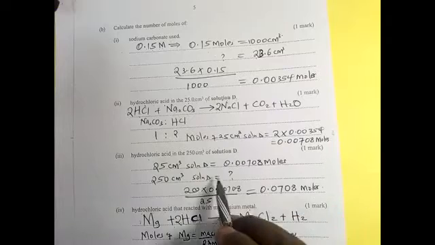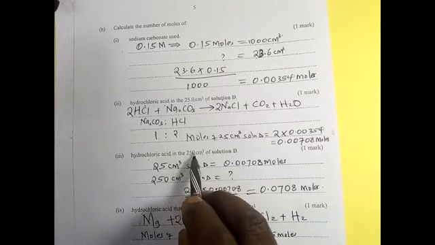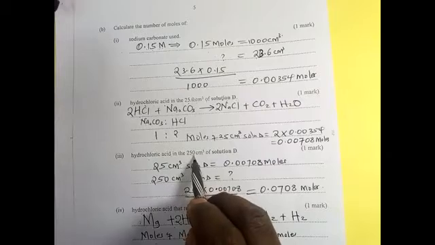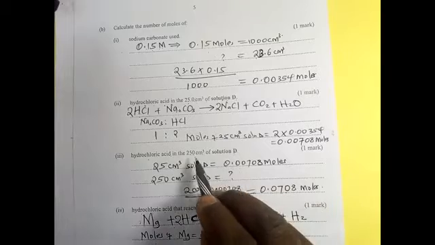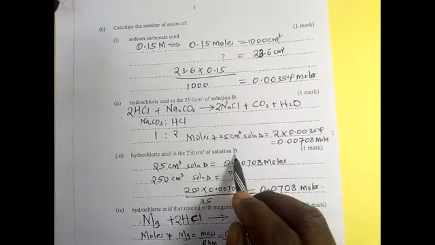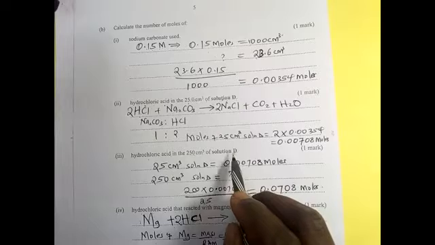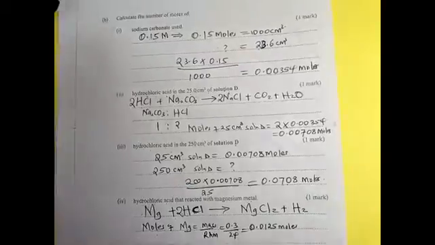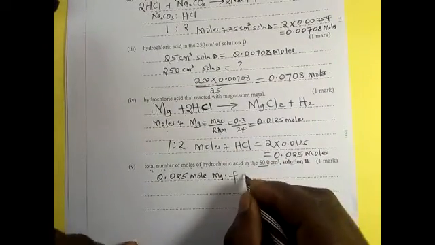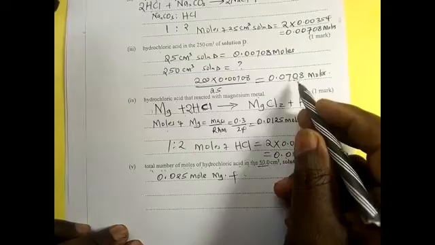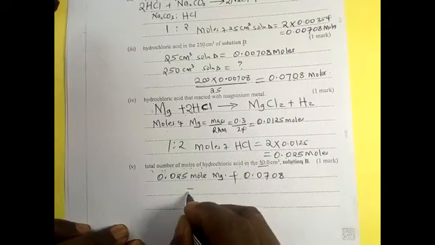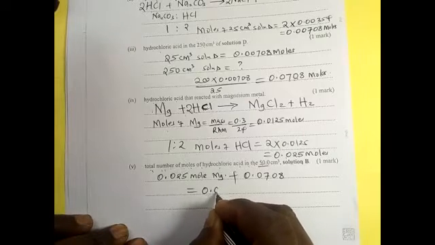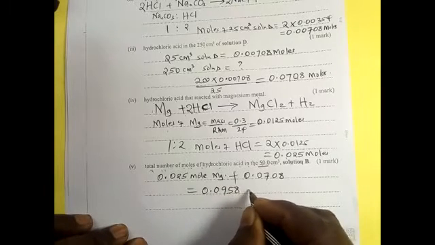Another portion here: we prepared 250 solution, which contains this number of moles. That is the HCl that remained. So you add the number of moles in 250, which is 0.0708, which will give you a total of 0.0958 moles.